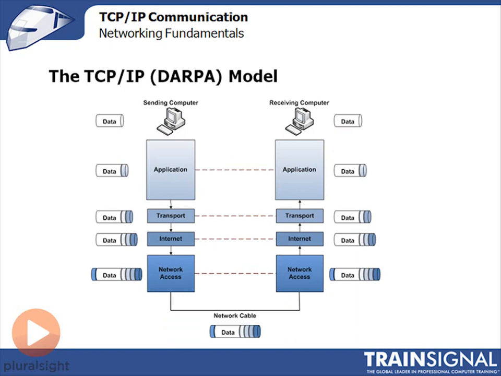When you have 2 computers and you want data transmitted from one to the other, it starts out on the sending computer, up above the model. It is sent down through the model, put out on the cable, goes over to the receiving computer, and then goes up through the model.